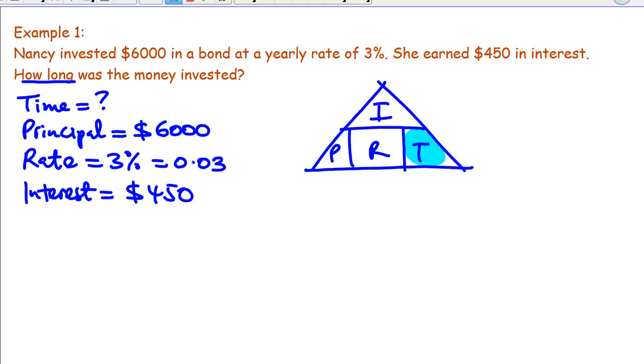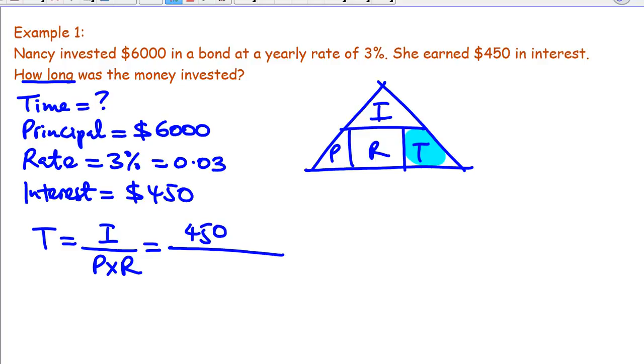So you cover that, and you can say that time is equal to interest over P times R, and just plug in what you have. So interest is 450 over the principal, which is 6,000, multiplied by the rate, which is 0.03. And if you plug that in your calculator, you'll end up with 2.5 years.